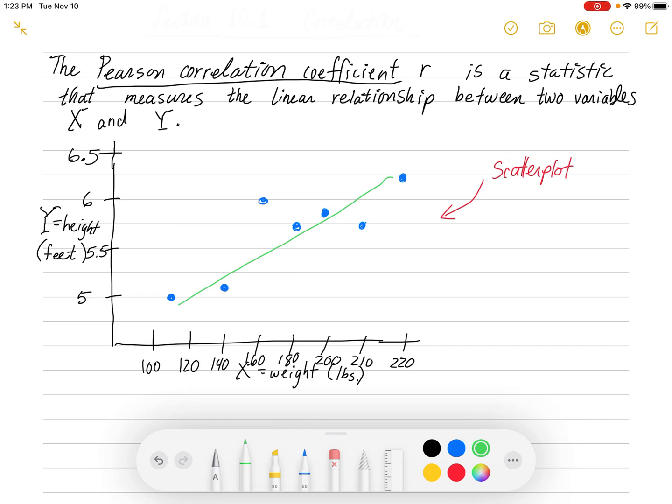There seems to be this linear relationship going on, that as the x increases, the y increases. So we use something called the Pearson correlation coefficient. That's what we're going to talk about today. We give that a letter called R, and that is a statistic that measures the linear relationship between the two variables, the x and the y.